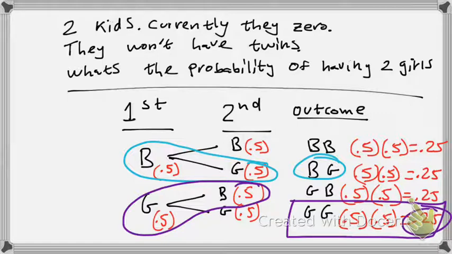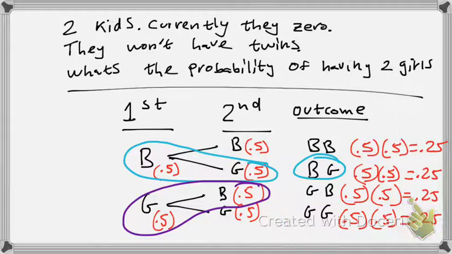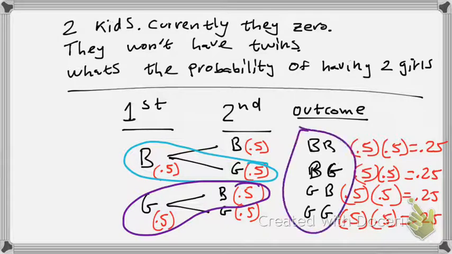How about this question I want you guys to think about? What's the probability of having one boy and one girl? We don't care about the order. We're just figuring out what's the probability of having one boy and one girl. Let me just fix this over here. So looking at the 4 outcomes again, how many of those outcomes have one boy and one girl?